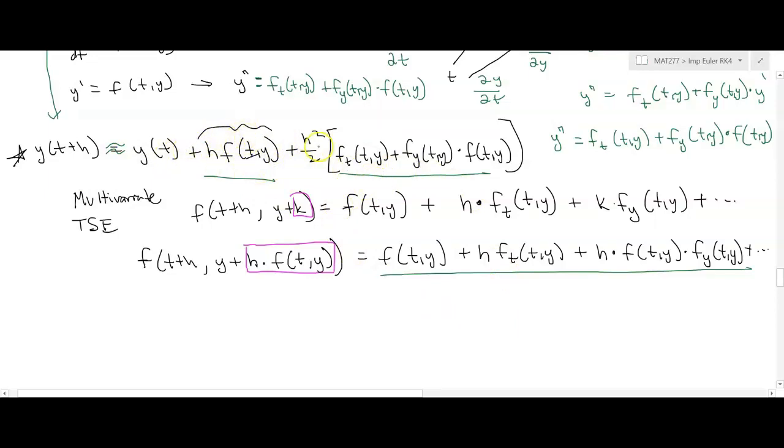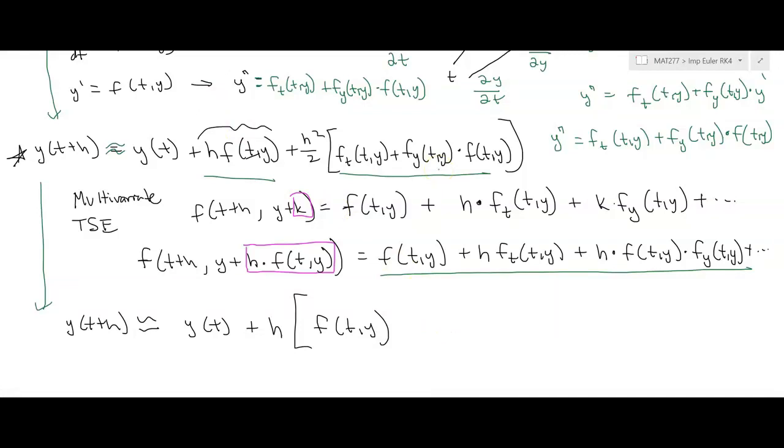So if I factored out an h from here and an h from here, what this would give me is y of t plus h is approximately equal to y of t plus h times quantity f of t comma y plus h over 2 times f sub t of t comma y, plus h over 2 times f sub y of t comma y, times f of t comma y. We factored out an h, so we don't have h squared anymore, but I have h over 2, which will distribute.